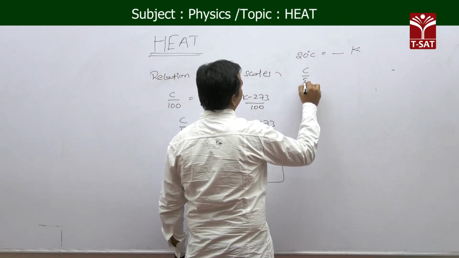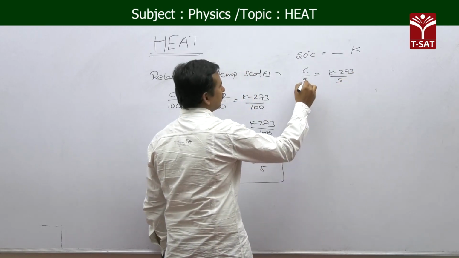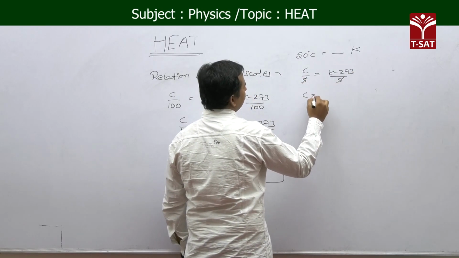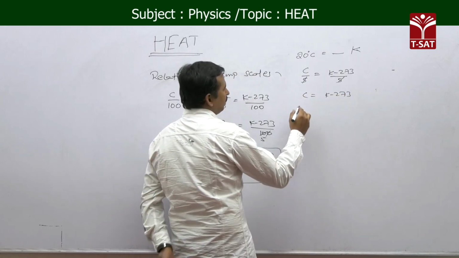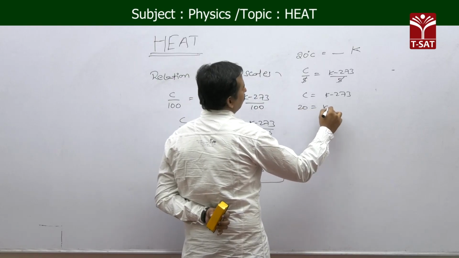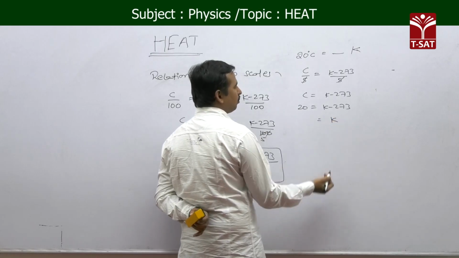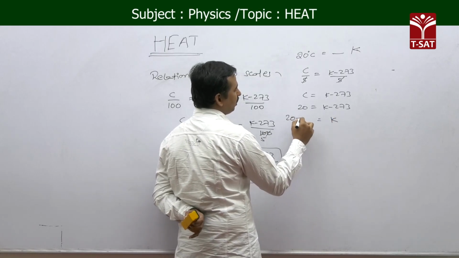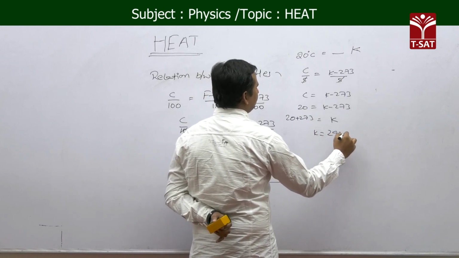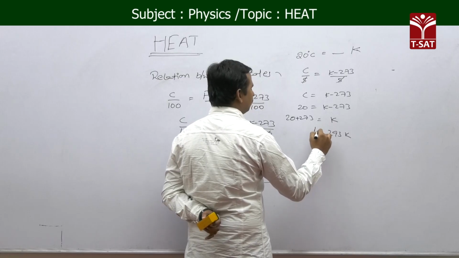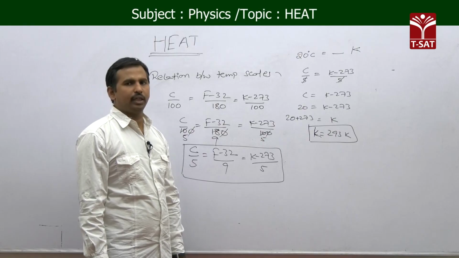The 5 gets cancelled, then C is equal to K minus 273, where C is 20 given. Then K is equal to 20 plus 273, moving 273 to this side, so K is equal to 293 Kelvin. This is the answer.